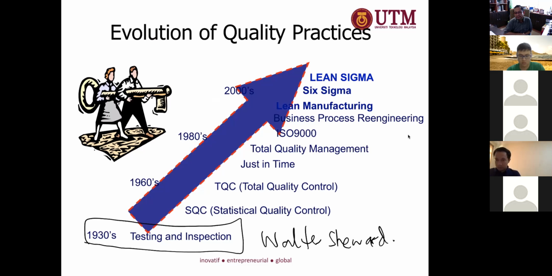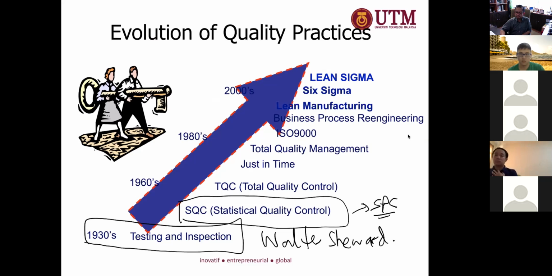If your company just does inspection and testing for quality, that's the 1930s. Then Dr. Deming and Dr. Shewhart introduced SQC, Statistical Quality Control. That includes SPC that we have learned before, Statistical Process Control.